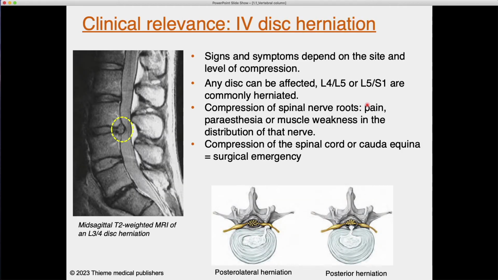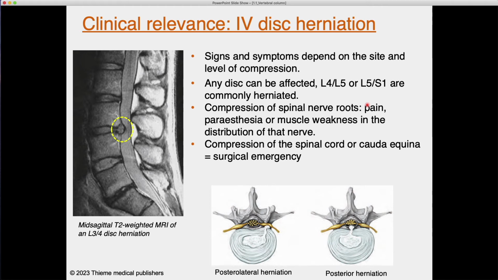So let's talk about a clinically significant aspect of the intervertebral discs. We talked about how they support our spine, helping with weight bearing, providing shock absorption and flexibility. This is the case when the loading of the weight is equal throughout.